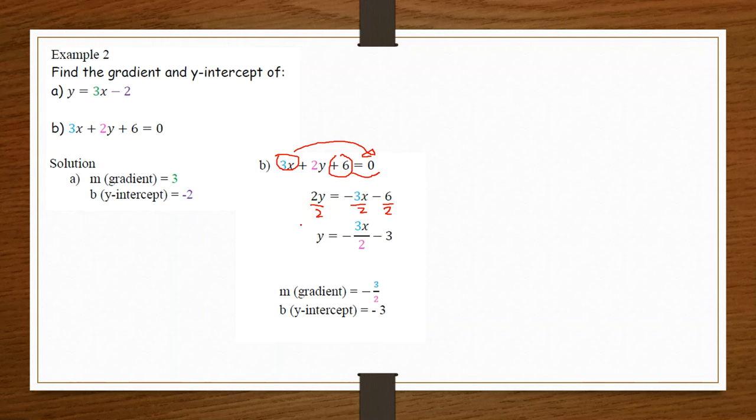To give us this equation, which is the gradient form. And from there we can find the gradient, which is -3/2. 6/2 is 3, so the y-intercept is -3.